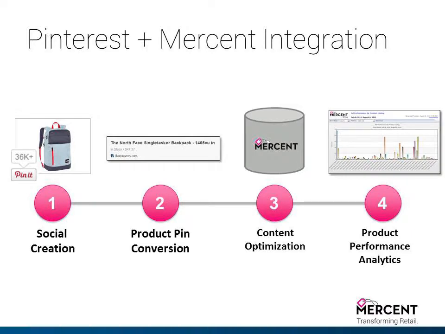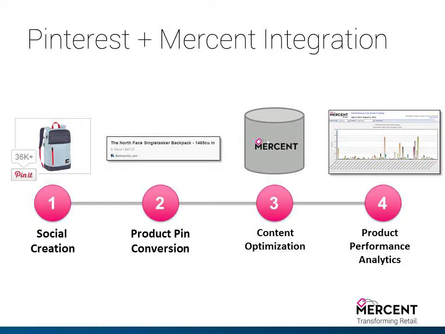So if pins are happening organically, you may not be tracking that currently through Omniture, Core Metrics, Google Analytics, or another web analytics platform, but through the Mercent integration, we can add that tracking for you onto all of your existing pins that match the existing data feed. You'll also be able to add, as you can see, rich content, titles, descriptions, availability, pricing, and a description of your domain. Next, you have the content optimization phase.